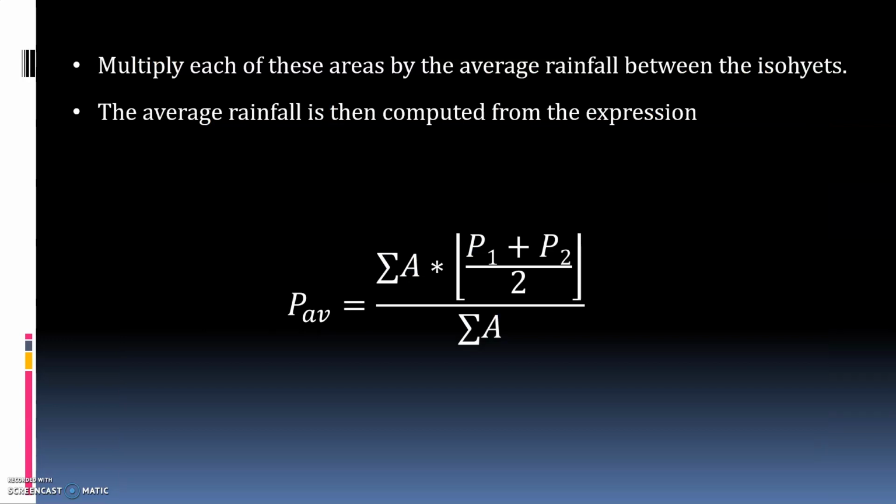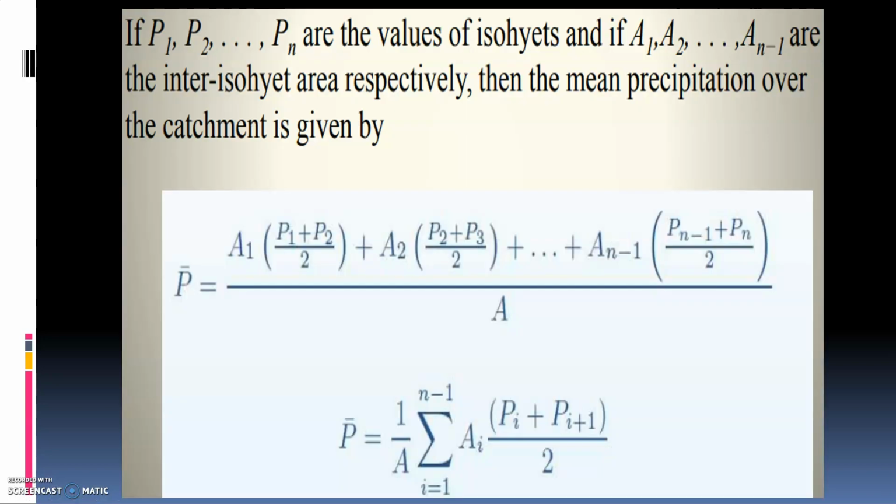The average rainfall is then computed from the expression P average is equal to summation of A into (P1 plus P2) divided by 2, divided by summation of A. This is the formula to find the average rainfall using the isohyetal method.